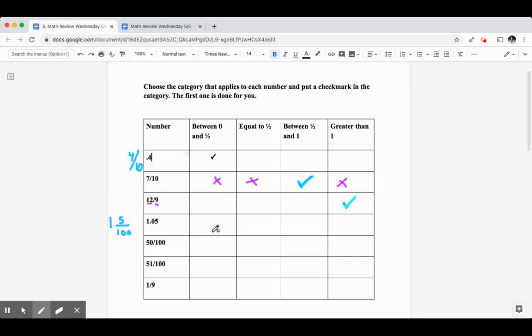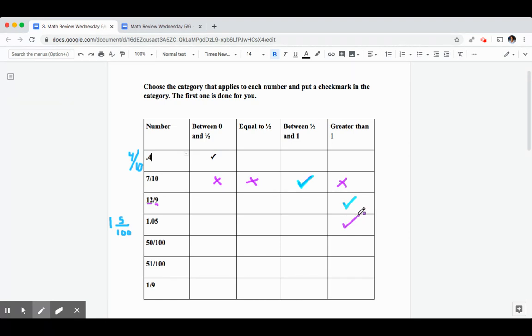Our next number is 1 5/100. Again, right away, because this is a mixed number, and we have 1 whole and then a fraction, we already know that this is greater than 1 because we have 1 whole plus a fractional amount.